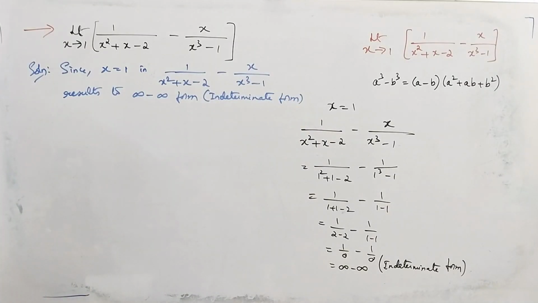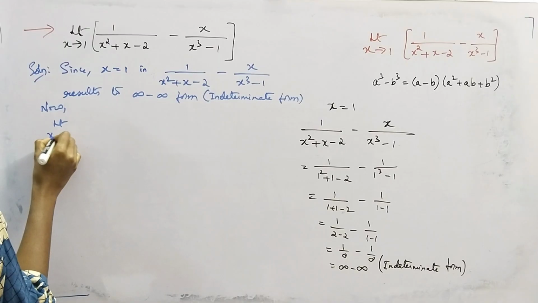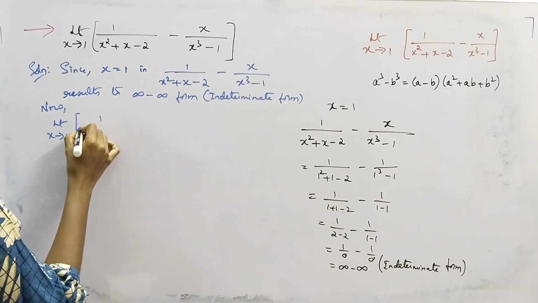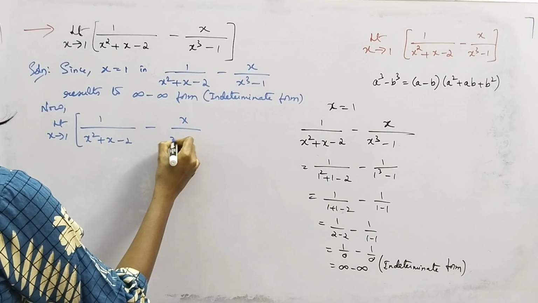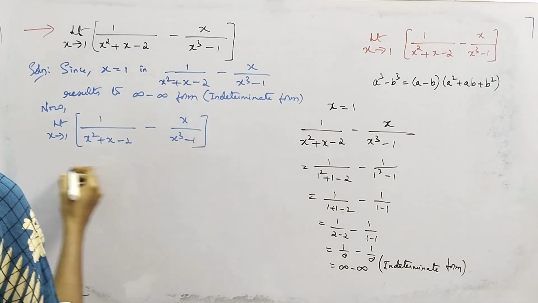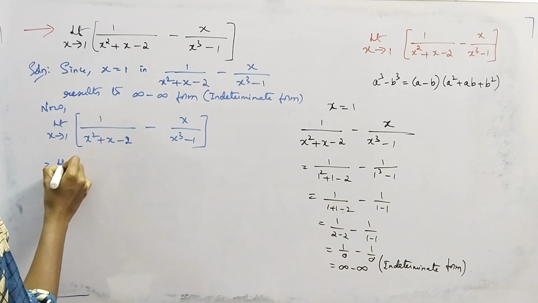Now, limit x tends to 1 of 1 by (x square plus x minus 2) minus x by (x cube minus 1). Let's find factors if possible and take the LCM.